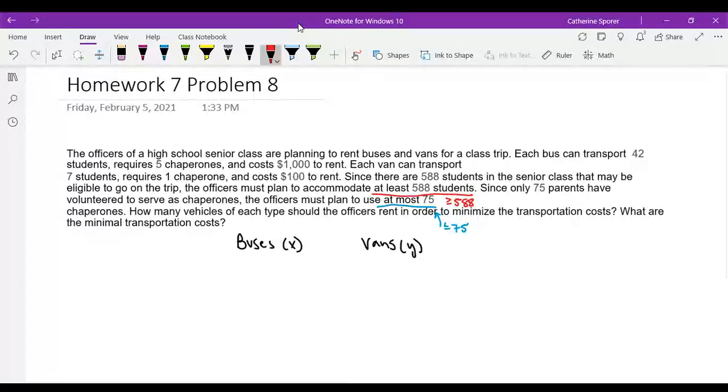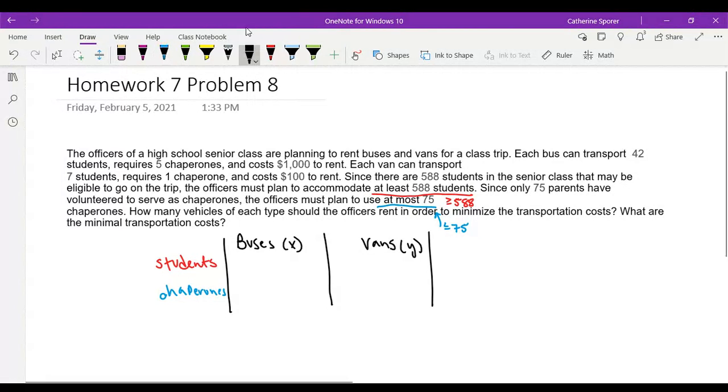And then we have some information related to students that would fit on the buses and the vans. And we have some information related to the chaperones that would fit on the buses and the vans.